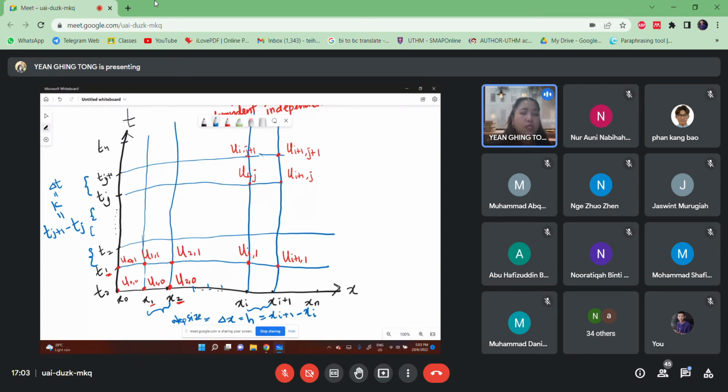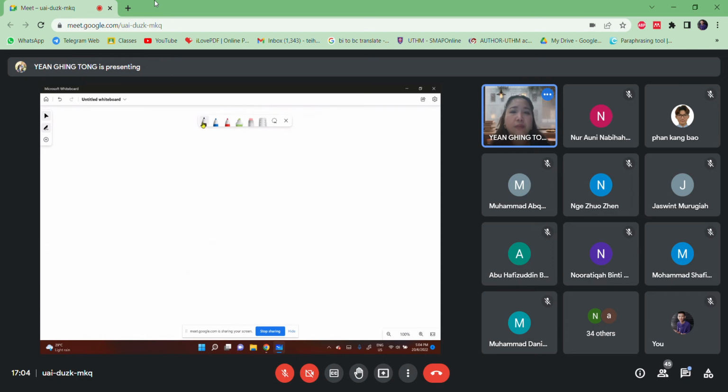Okay, now we go to the heat equations. Just now I mentioned, right, we have two methods, explicit and implicit Crank-Nicolson. So we start with the explicit method first.